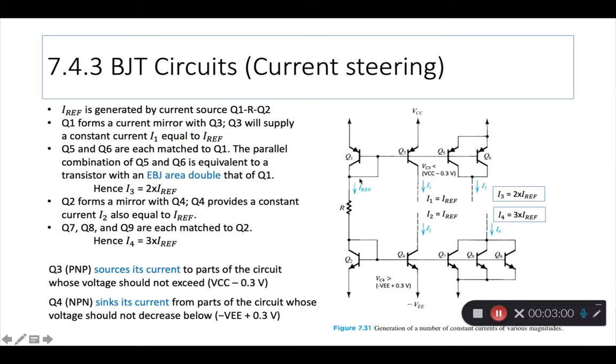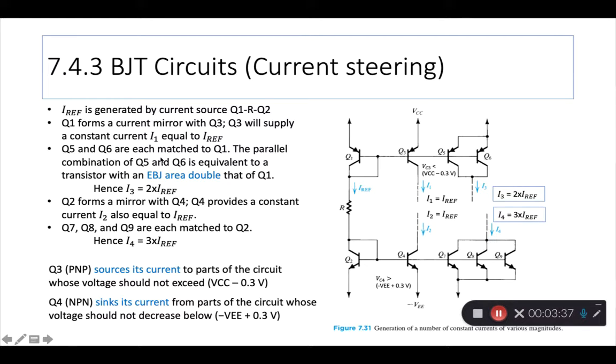The reference current is slightly different from what was shown previously, but Q1 and Q3 forming a mirror and creating I1 as an output current follows the same logic. We've seen that before. The only thing is this is a PNP, while what we have seen so far was an NPN. Q3 will supply a constant current I1 equal to I reference because Q1 and Q3 are matched.